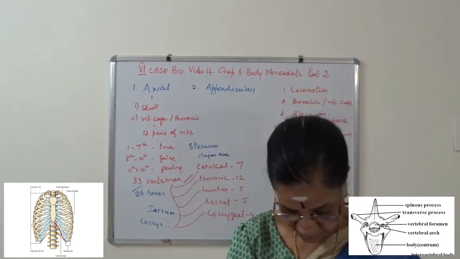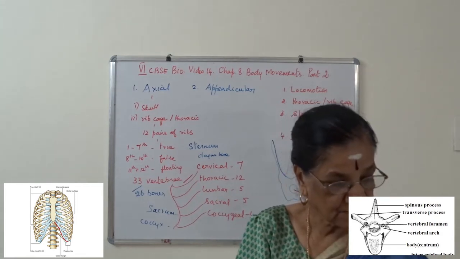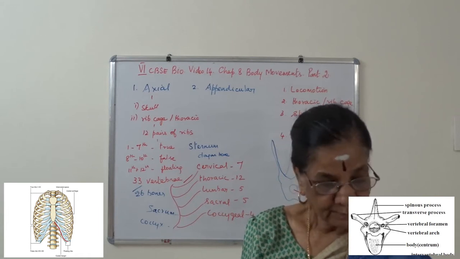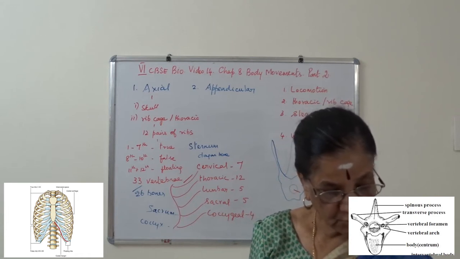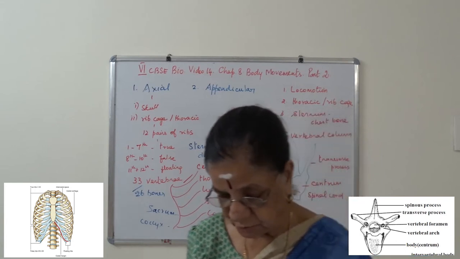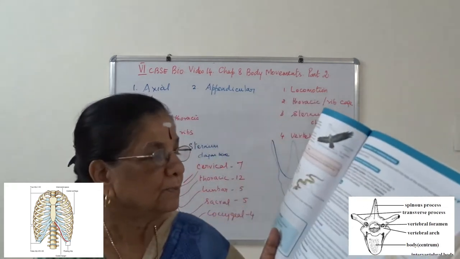Are you clear? Now, one minute, what did we see in this? Rib cage. Thorax. Functions of backbone are in our book.